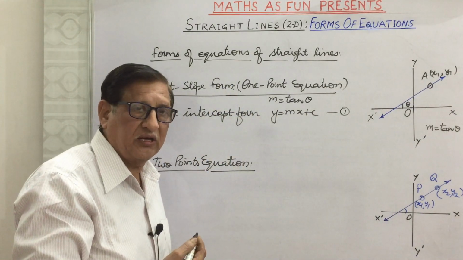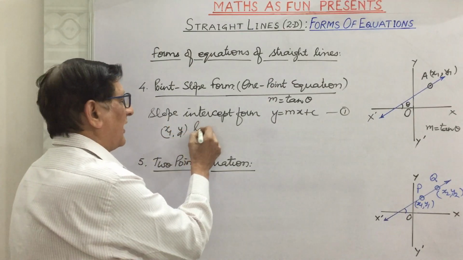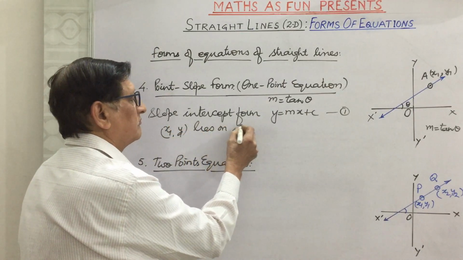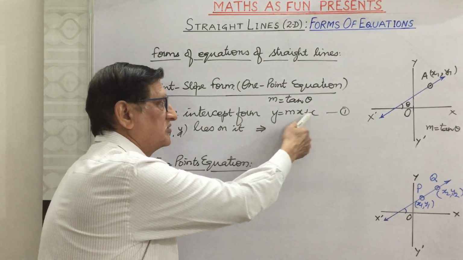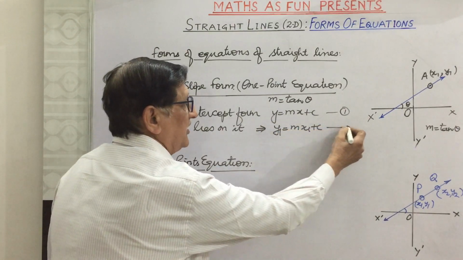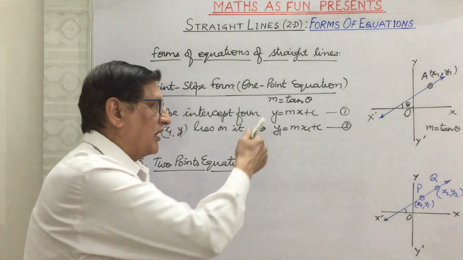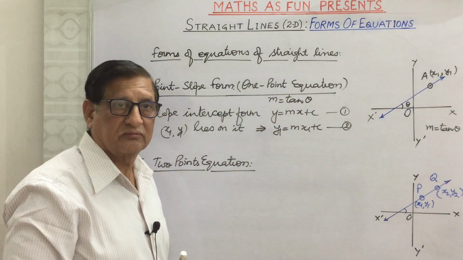Yes, it is to satisfy. So we can say x1, y1 lies on it. So what will happen? This equation is to be satisfied, means y1 equal to mx1 plus c. We have replaced y and x by the coordinates of the point.